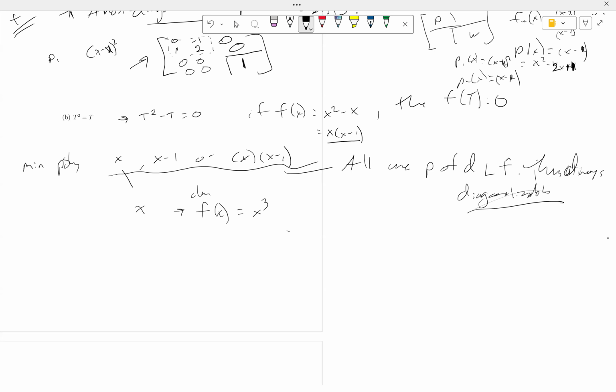And when I break it up, p1 of x equals x, p2 of x equals x, and p3 of x equals x. So my rational form is going to be 0, 0, 0, with zeros everywhere else. I get the 0 matrix.